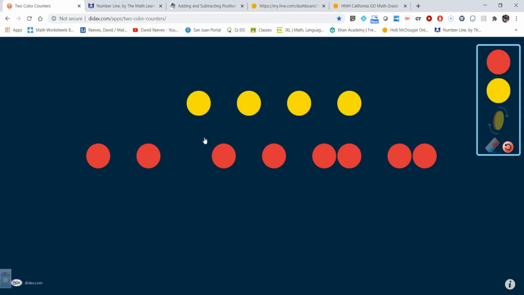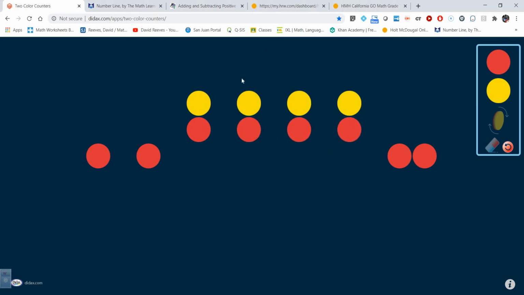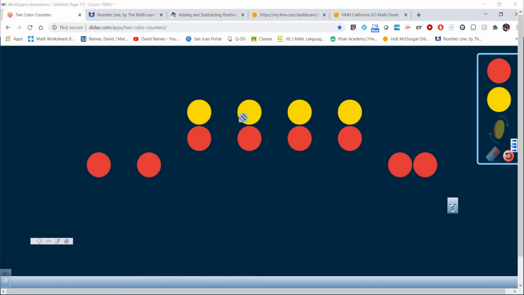I have more negatives, so I know my answer is going to be negative. How many more do I have? Well, I'm going to subtract away 1, 2, 3, 4, right? So here we go. So this one was positive 4 plus negative 8.